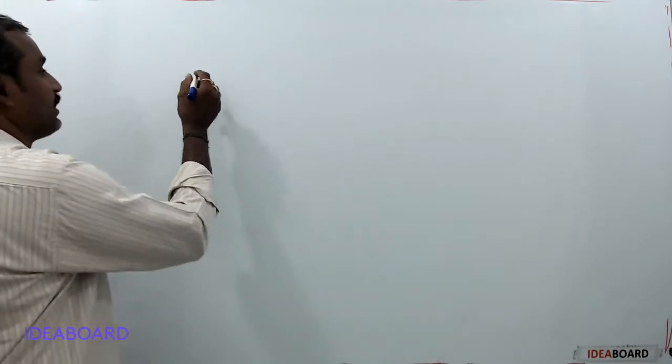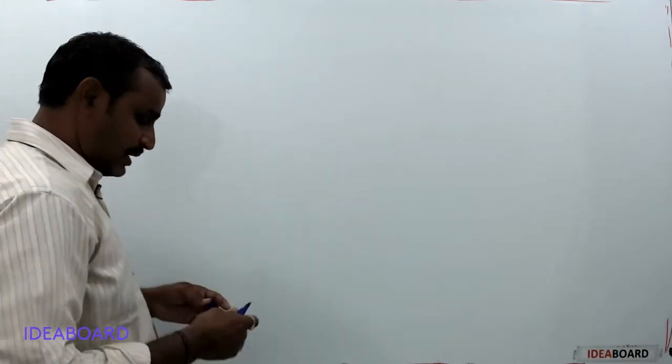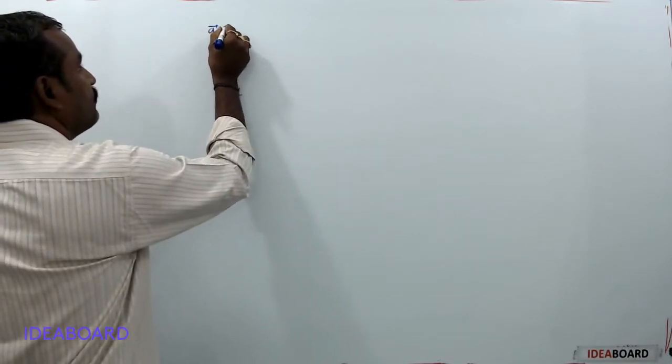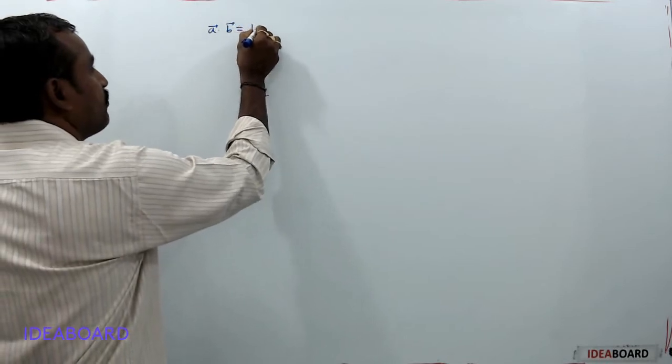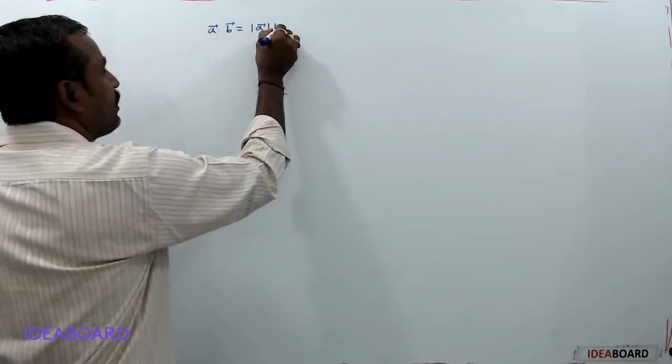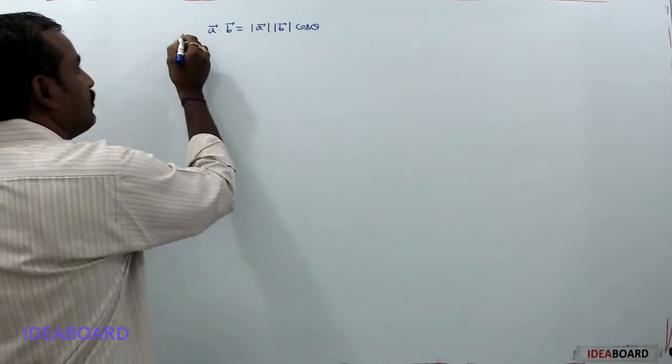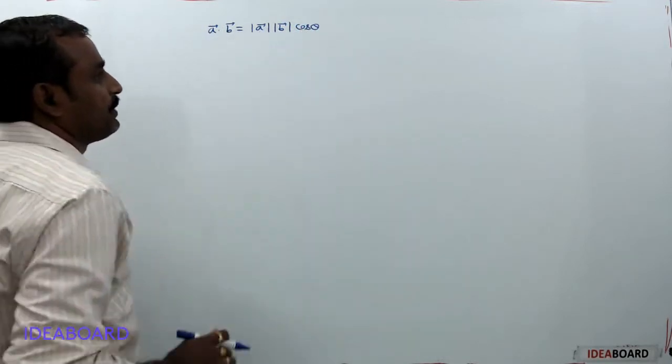Now we know the formula for the angle between two vectors, which we learnt yesterday. a bar dot b bar is equal to magnitude of a bar into magnitude of b bar into cos theta. This is the dot product formula between two vectors.